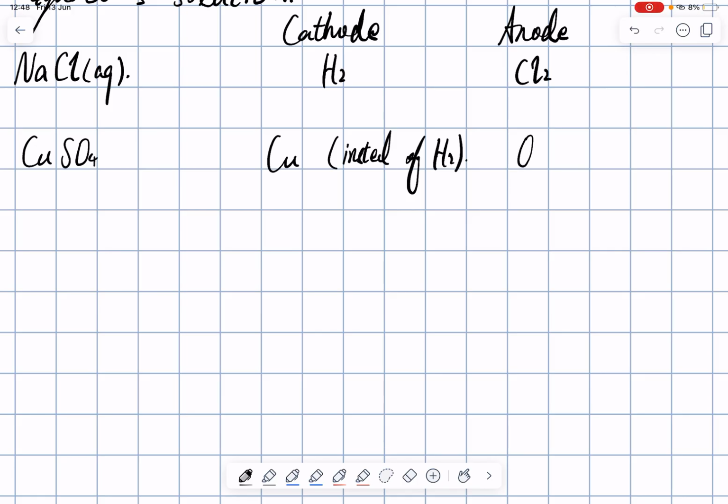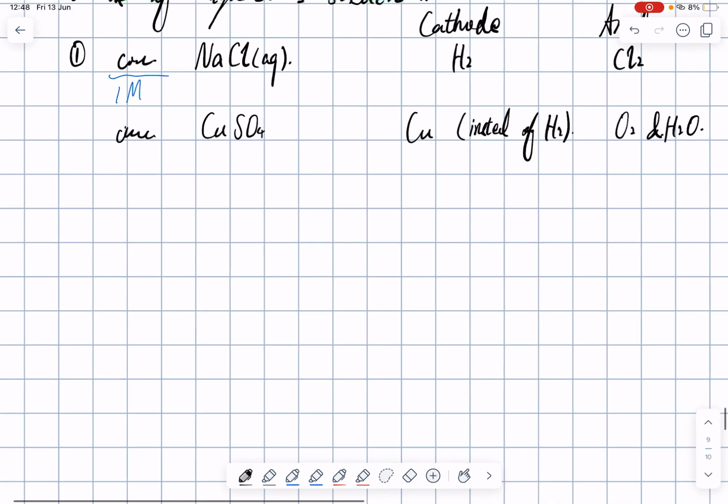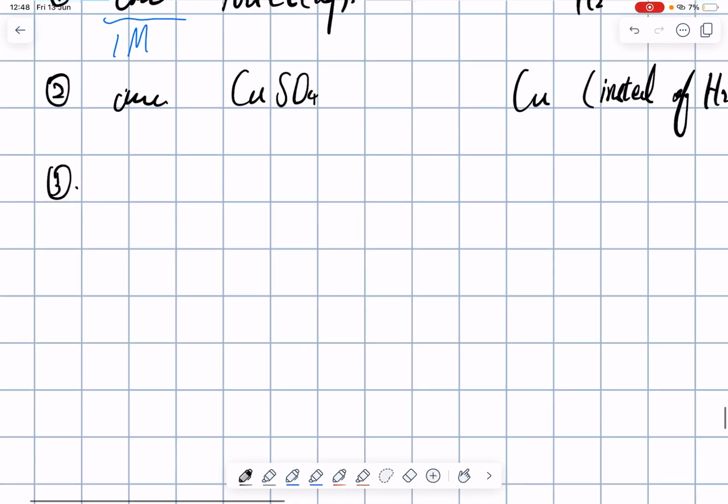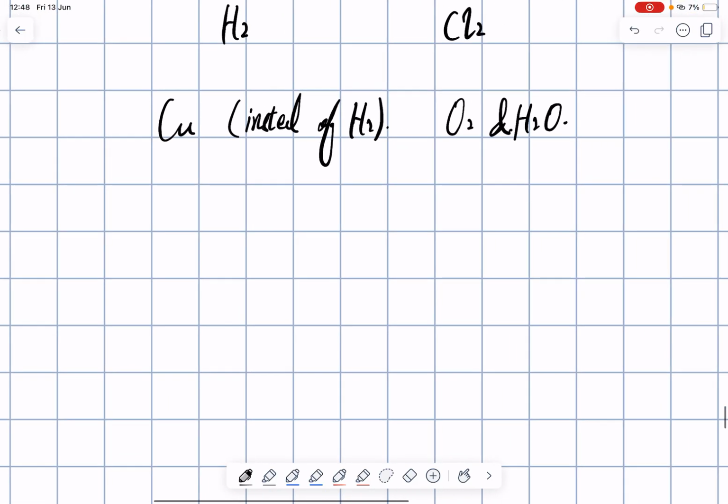So at the anode we just got O2 and H2O. Recall the first reaction we talked about in this lecture. Then we have concentrated sodium sulfate.